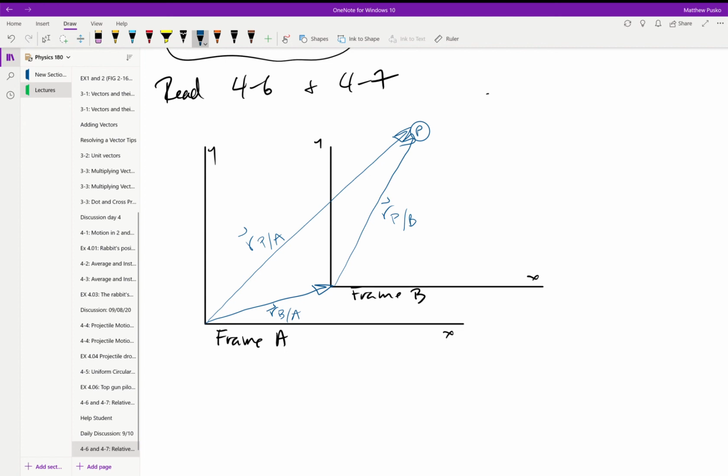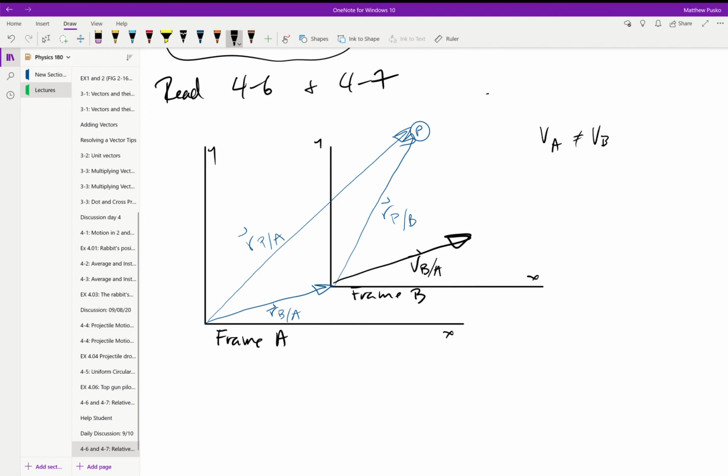Don't forget your vectors. We could say that frame B has a constant two-dimensional velocity relative to frame A. So let's just say that there's some velocity of B with respect to A. We typically wouldn't have two reference frames if they're both moving at the same velocity. So the velocity of A is typically not equal to the velocity of B. We wouldn't be using this.